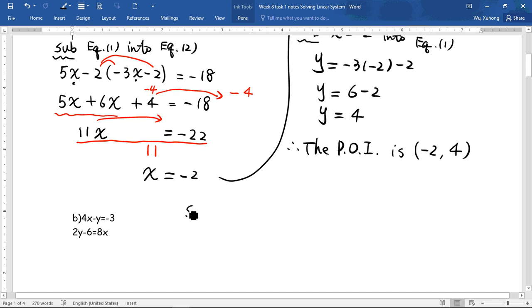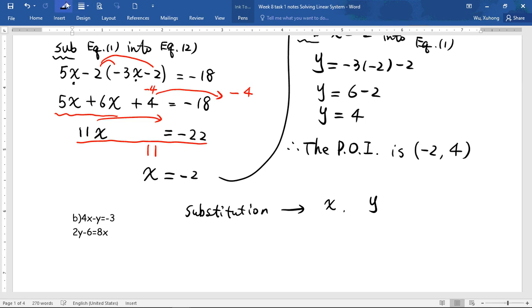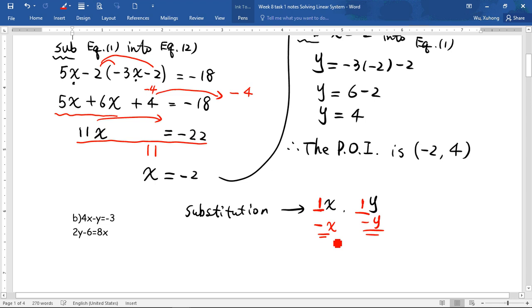For the substitution method, we are looking for x or y where the number in front of x or y is 1 or negative 1. We look for these terms because when we isolate one of these terms, we divide y into both sides and you don't have fractions.